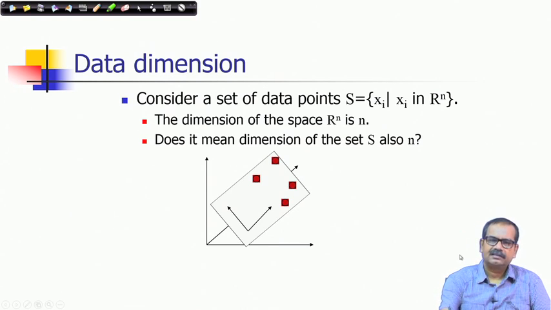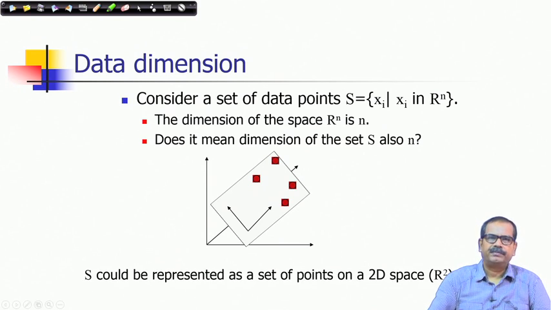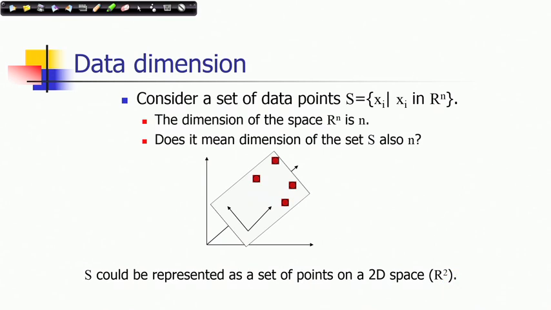So, in that case, all the points could be represented as a set of points in a 2D real space. So, it is not necessary that the dimension of the data would be the same as the dimension of the space. It could be lower than that number, as the example has shown here.